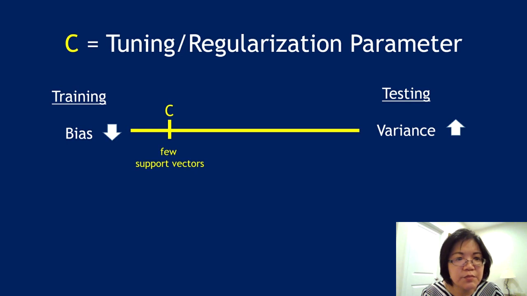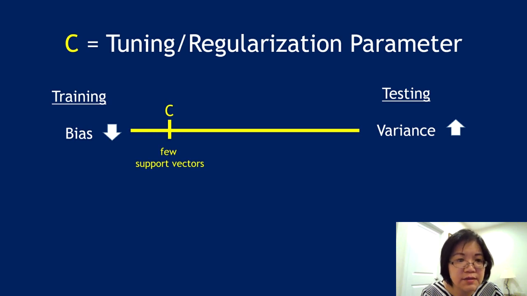In a sense, the tuning parameter C performs the role of regularization, which is what we talked about when we talked about lasso and ridge regression. Those algorithms regularize linear regression models. Regularization moderates the beta coefficients.